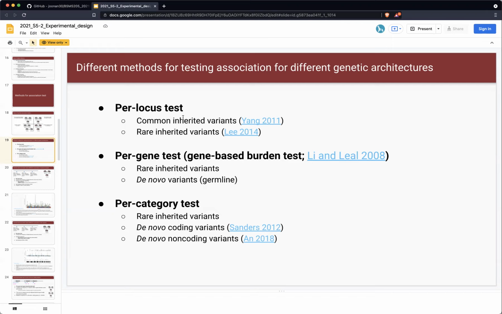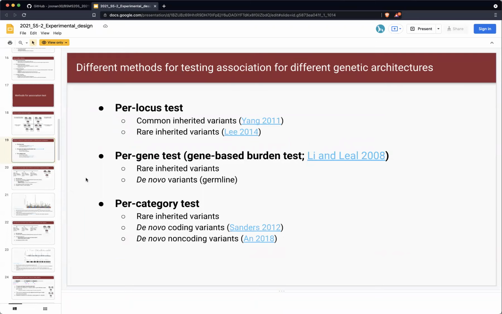So in this case, you have to use a different testing unit. In this case, we use the per gene test, right? There's no way we can compare case and control for de novo mutations at the same locus. So you have to compare the number of de novo mutations per gene, right? That's why we shortly call it the per gene test, right?